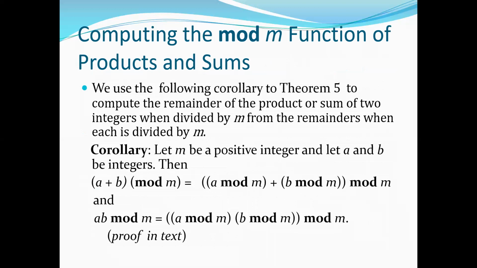Now, computing the mod M function of products and sums. So if we have A plus B mod M, it could be rewritten as (A mod M plus B mod M) mod M. Basically we just distribute mod M to each and we retain one mod M. Likewise, AB mod M is (A mod M times B mod M) mod M. So this is how we evaluate this equation.